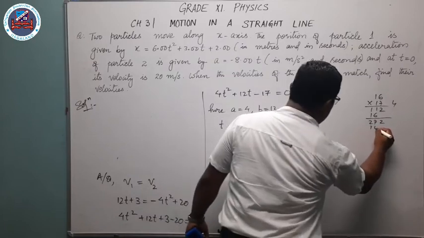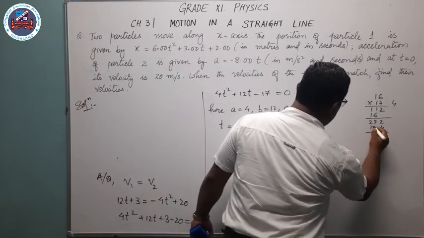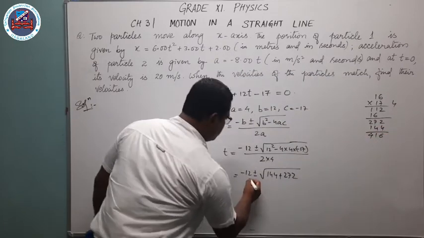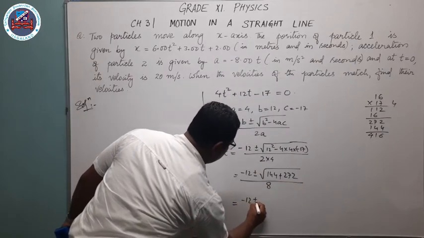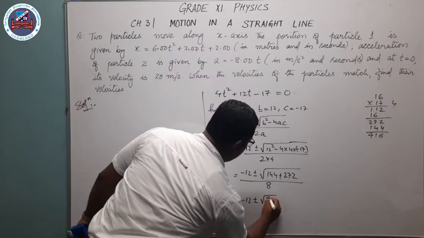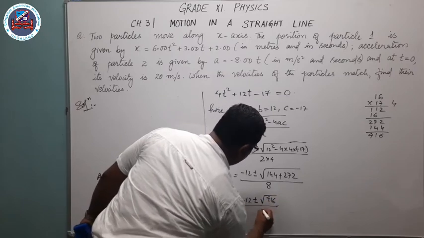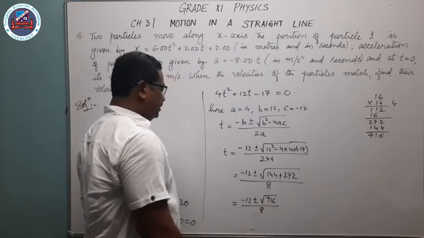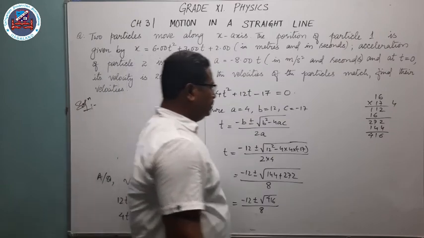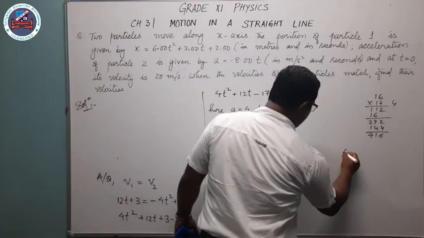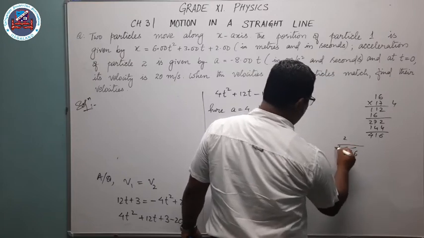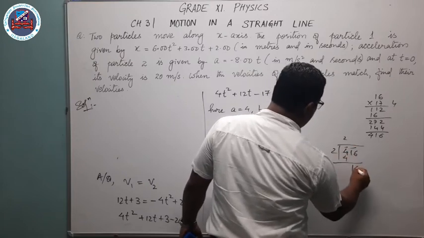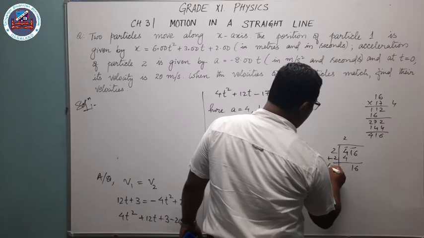Then add 144, total 416. So minus 12 plus or minus root of 416, divided by 8.